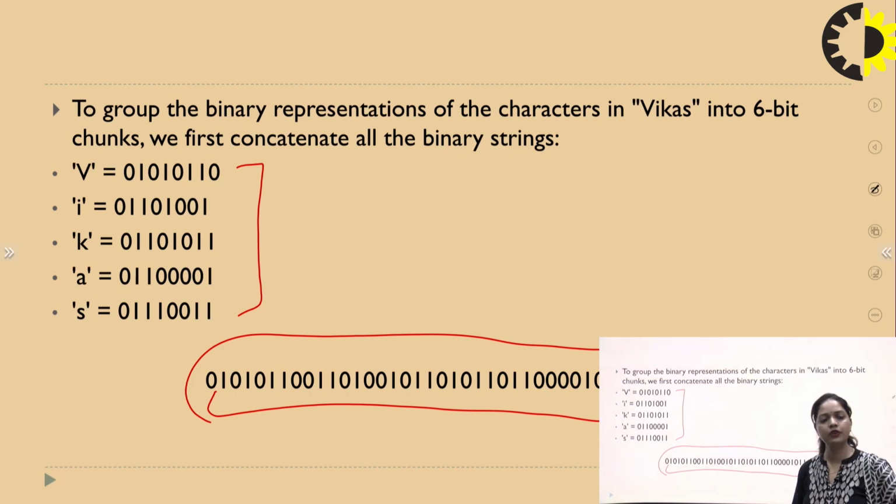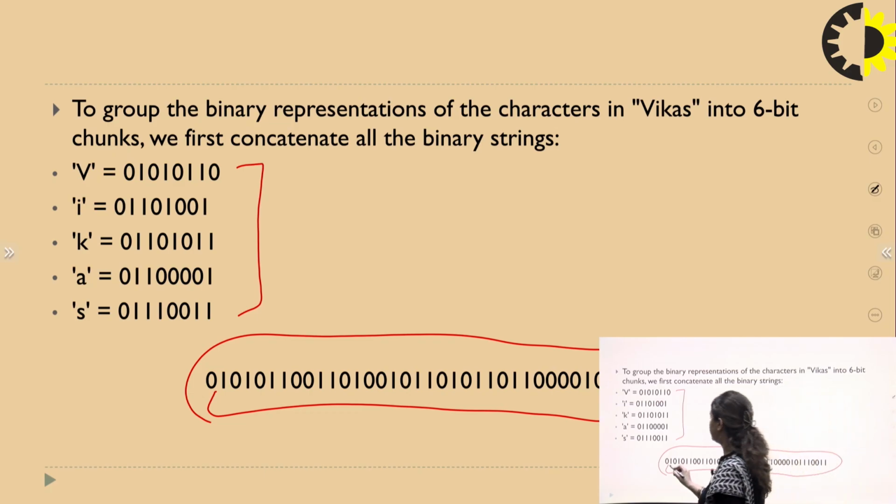Now what we have to do next is pair them in groups of 6 bits, in order to encode them as per the rule of the base64 algorithm. Starting from the leftmost bit, we group 6 bits: 1, 2, 3, 4, 5, 6. This is the first group. Then again 1, 2, 3, 4, 5, 6.